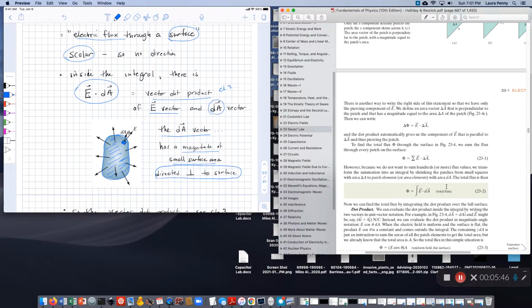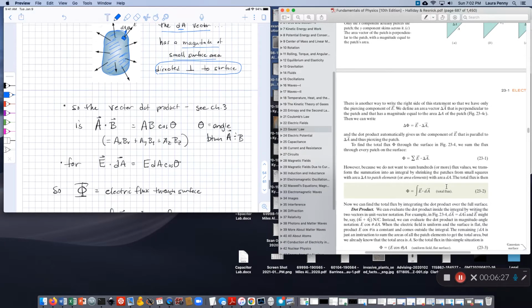And then at each point, there's a little dA vector which points out perpendicular to the actual surface area, the plane of the surface area, is what we say. And this idea of having a surface area and having that be a vector, where the direction of the vector is perpendicular to the area itself, right? The area is down here, and then this is actually coming out along the normal to the surface. We're going to do that a lot this semester.